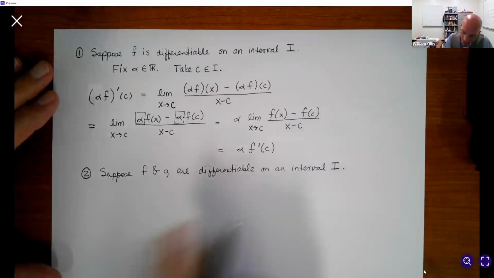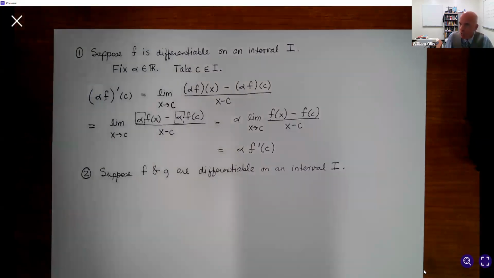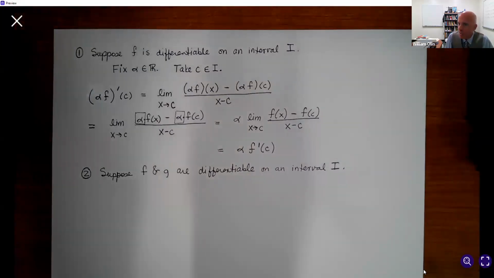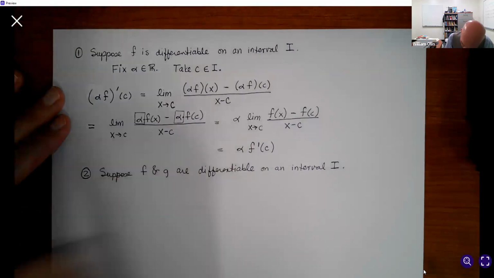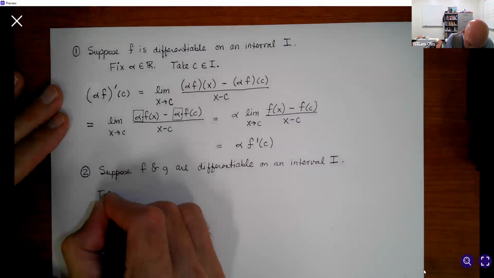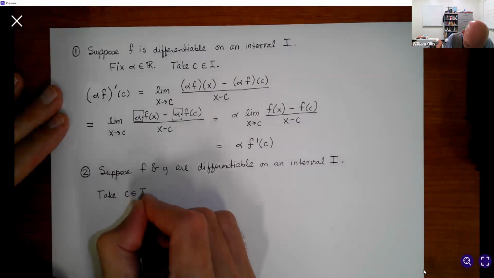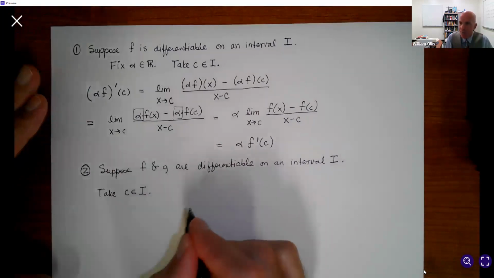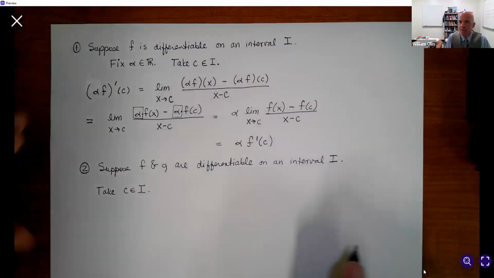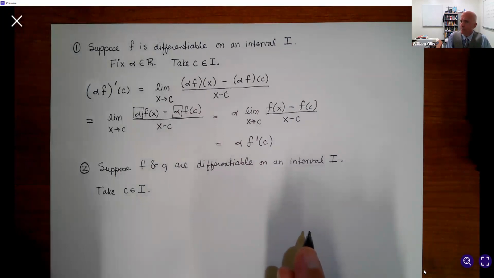So now when we look at this, we're thinking, okay, so we'll look at the difference. You can do the sum if you like. So what we want to do is take c in I. And we're interested, for instance, if we take the difference of the two functions, how could we compute the derivative of that?